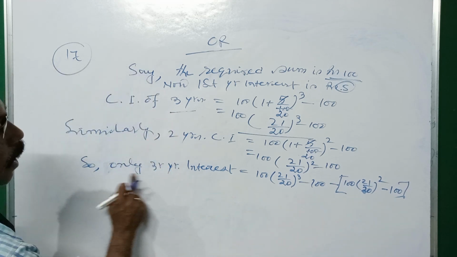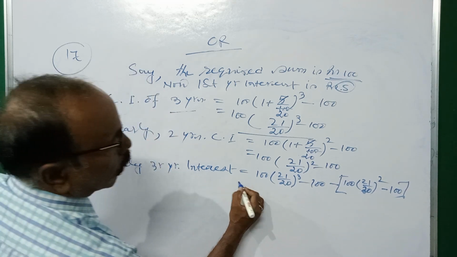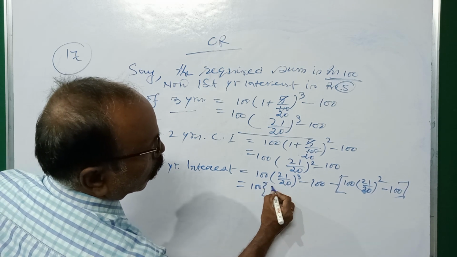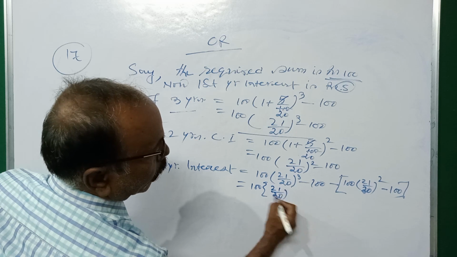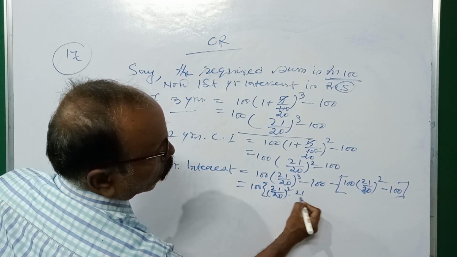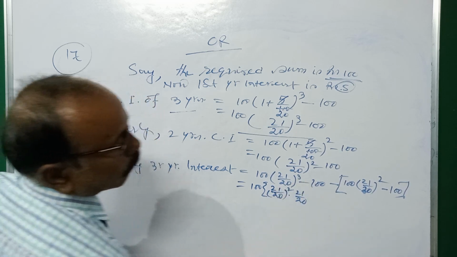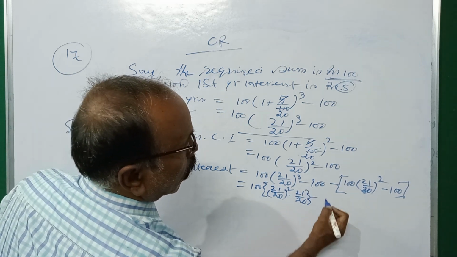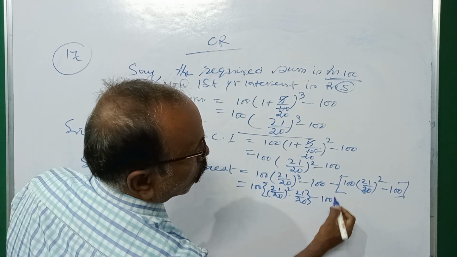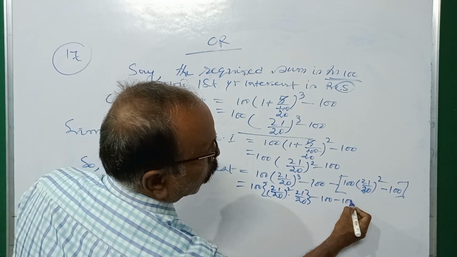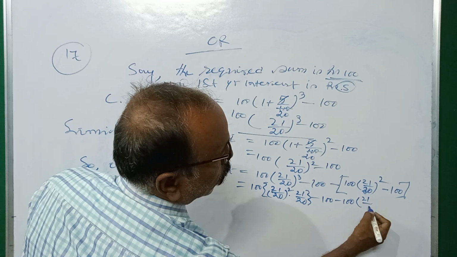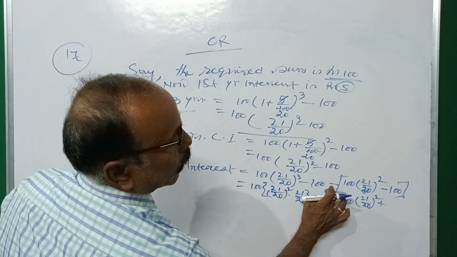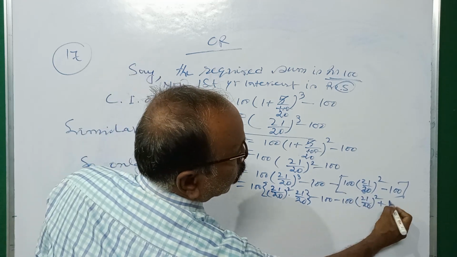Then we get the 3rd year only is equal to 100 into (21 divided by 20) square into 21 by 20, as here is power 3, minus 100, minus 100 into (21 divided by 20) square, plus, as it is minus then it will be plus 100.